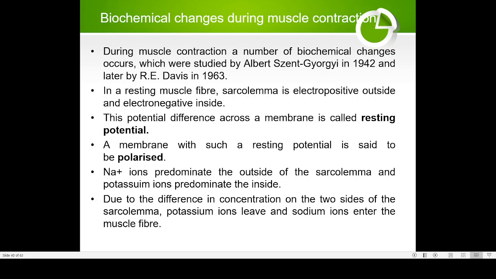In order to relax the muscle, they need oxygen. So when no more oxygen is available, this splitting of ATP will not be taking place and the muscle will remain in a contracted state. That situation is known by the name rigor mortis. Rigor mortis starts about 10 minutes after the death, and after 24 hours a process called decomposition will be starting.